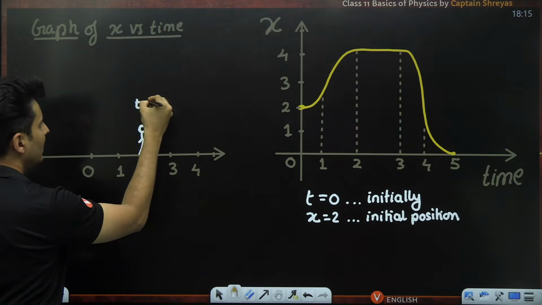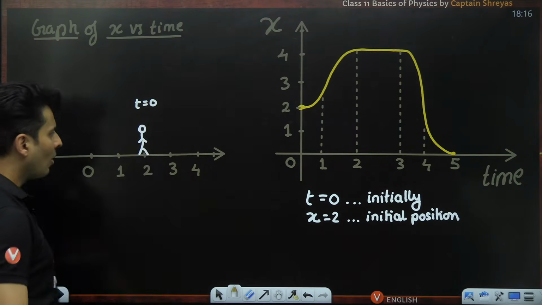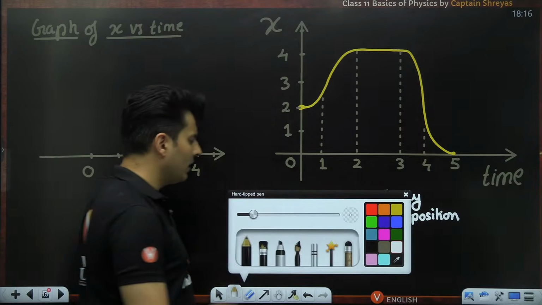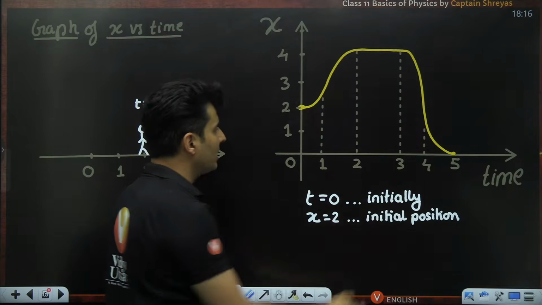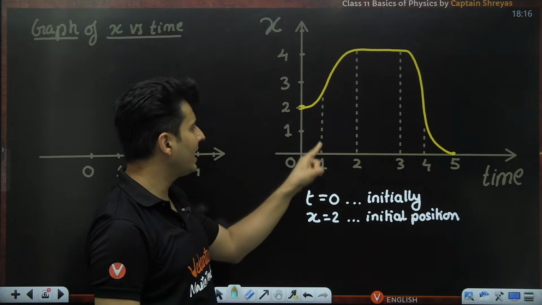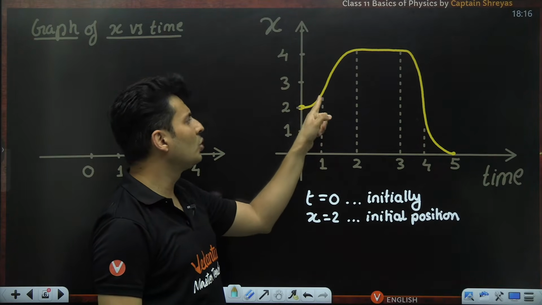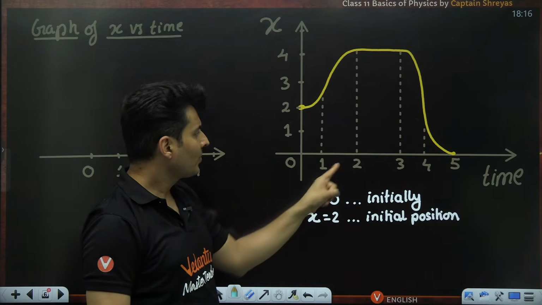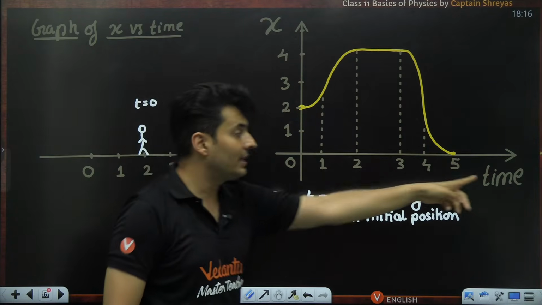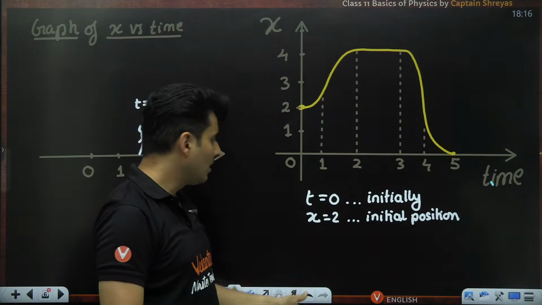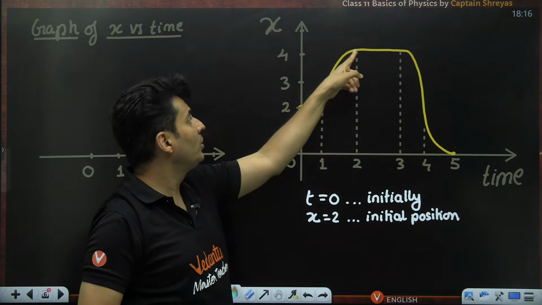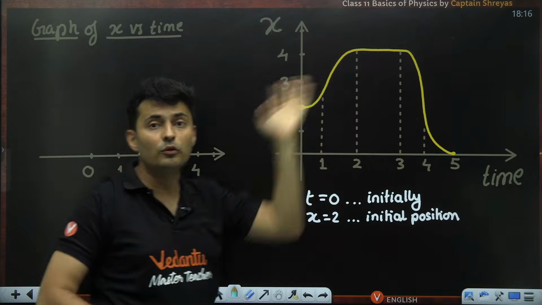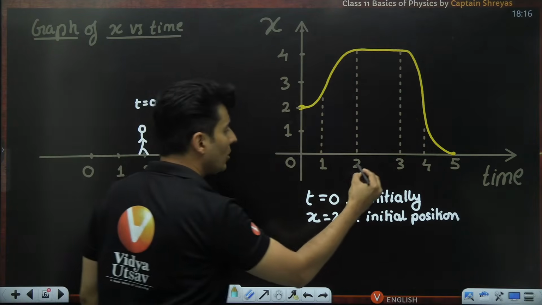So that person, or that object, whatever it was, was here initially. That means t is equal to 0. What did the person do later on? Let's try to think, my dear students. At time equal to 2 seconds, after 2 seconds, you saw the person at x is equal to 4. So look at it.